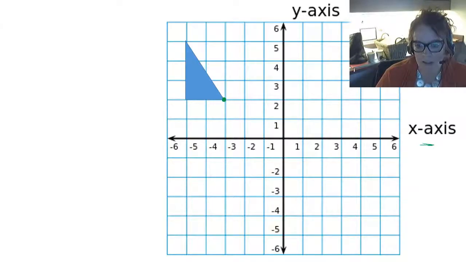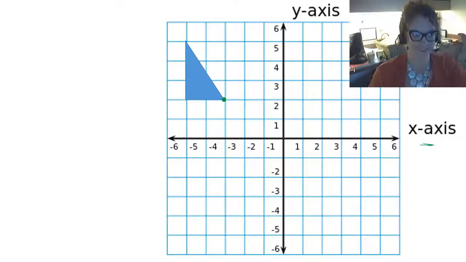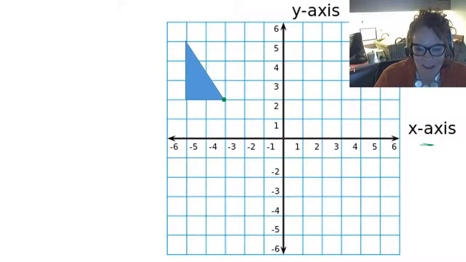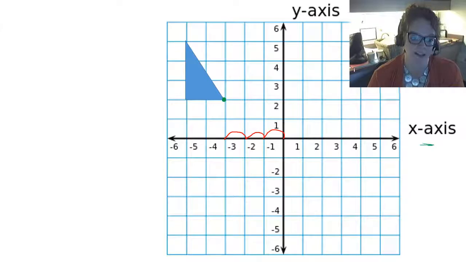If we're going to plot the x-axis first, we start at the origin, and we're going to move out on the x-axis. So are you ready? 1, 2, 3 jumps, right? But it's 3 jumps to the negative side.